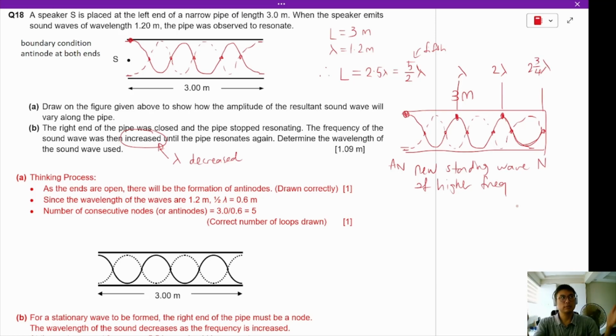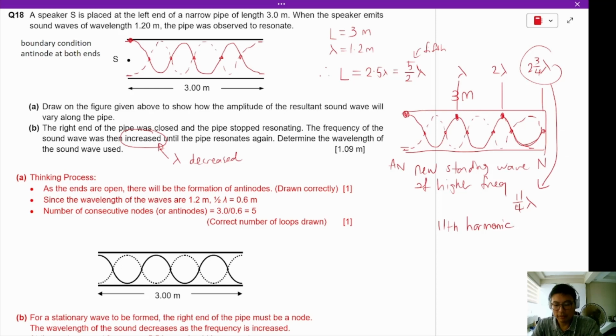Let's change it to a nice harmonic number. So over here we're going to express this as 11/4 lambda, which means this is the 11th harmonic. This is totally unnecessary information, but it's cool to know how to do this. This is the 11th harmonic.